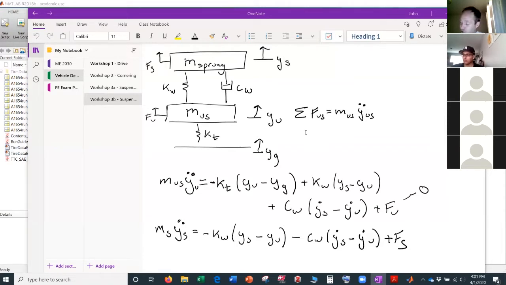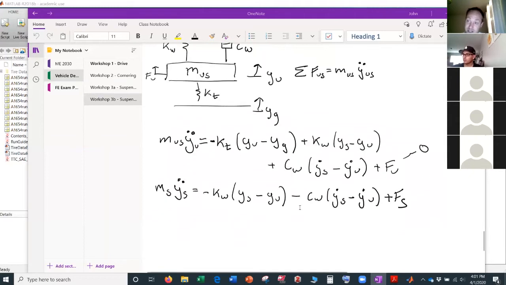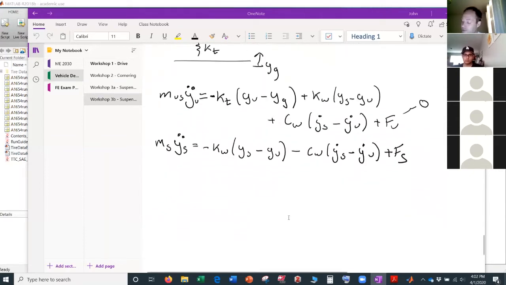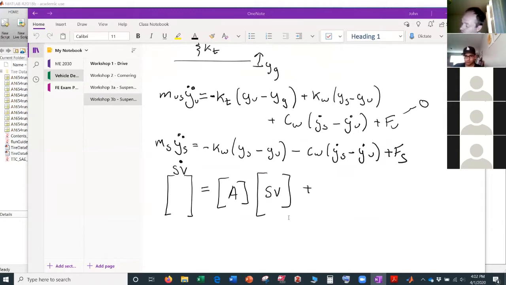The way to solve differential equations, kind of like a first pass at numerical methods, is you get them in a form where the derivative of your state variables equals some matrix A times your state variables, plus your inputs. So you usually get your equations in this form.